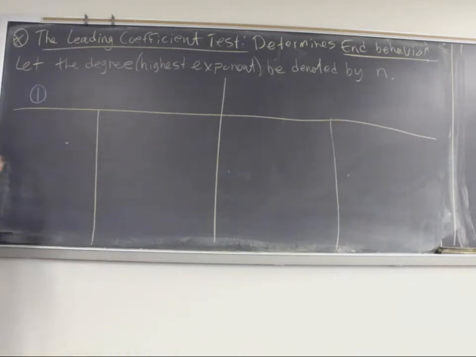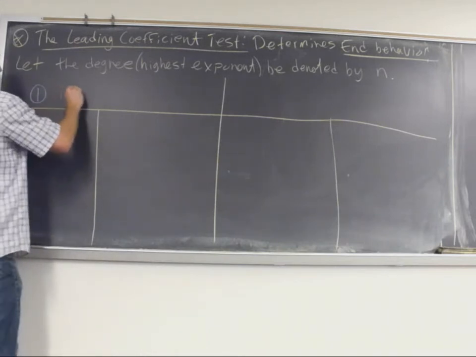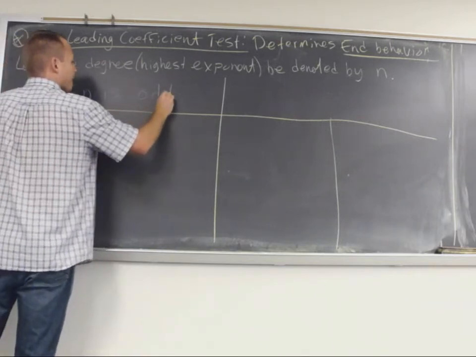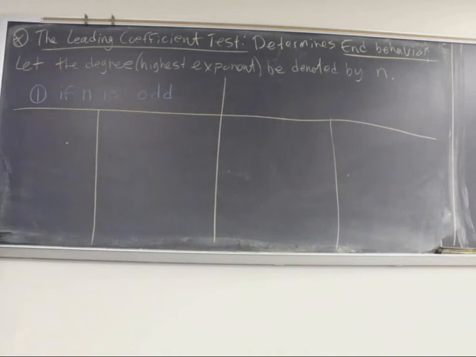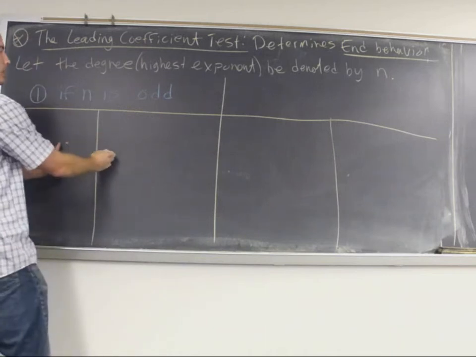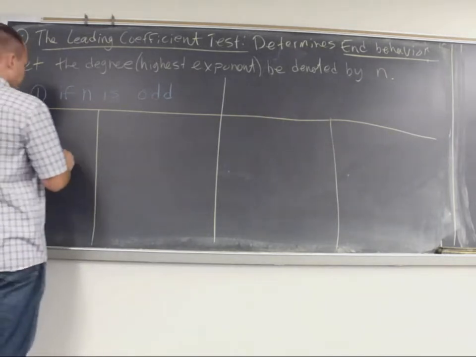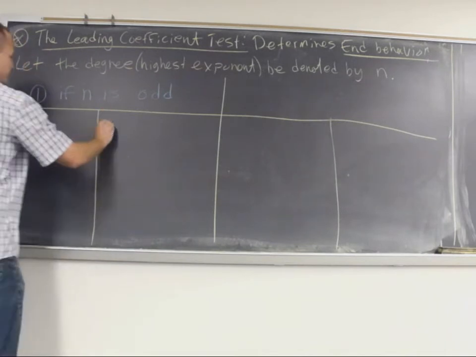So here, if n is odd, so these 2 boxes are going to be only if n is odd. Then you're going to have 2 choices. If n is odd, you're going to have choice A, and you're going to have choice B.